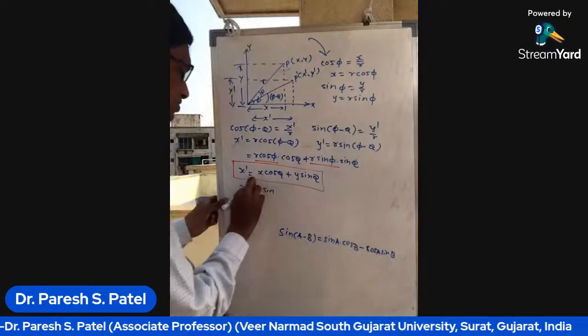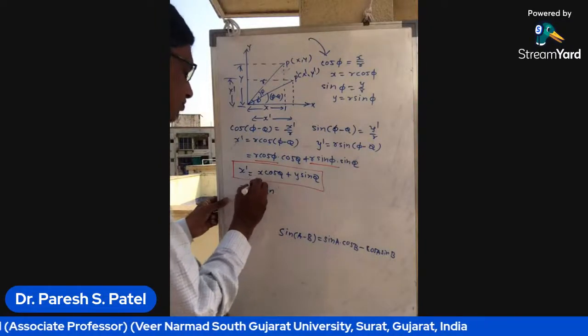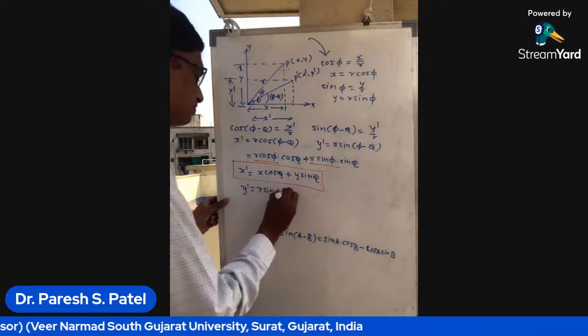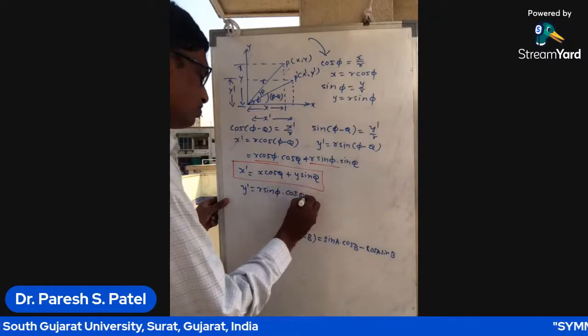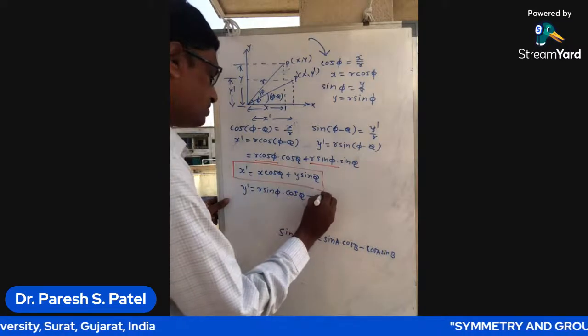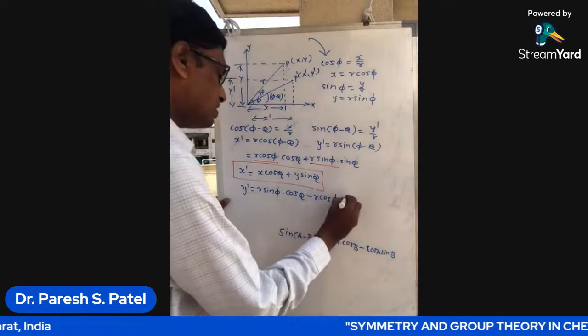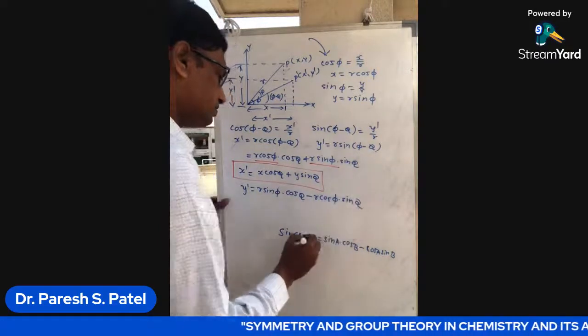So y dash is equal to r sin phi cos theta minus r cos phi sin theta.